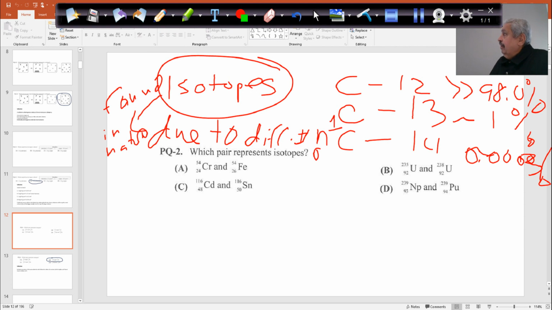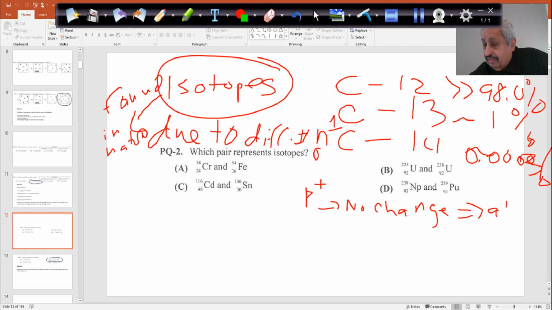Because the neutrons are different, you'll have isotopes, and they have the same atomic number. The protons are positive and they don't change. Those are the atomic number, the smallest number at the bottom in this case.